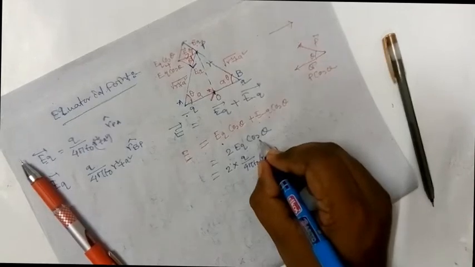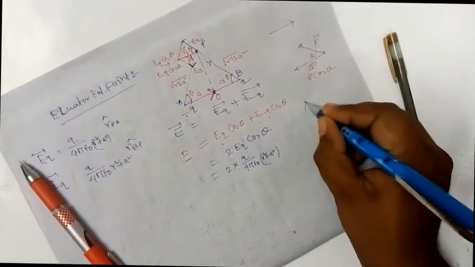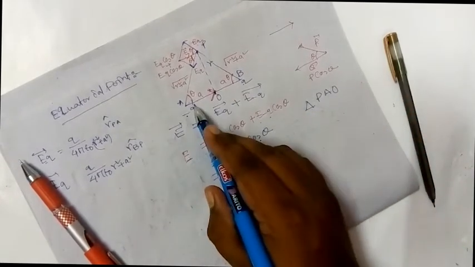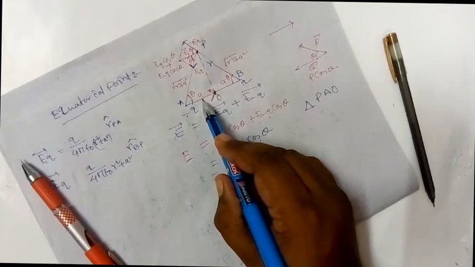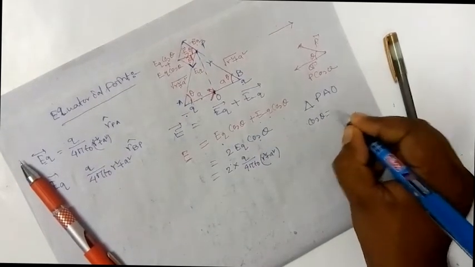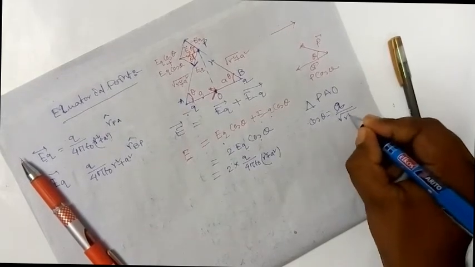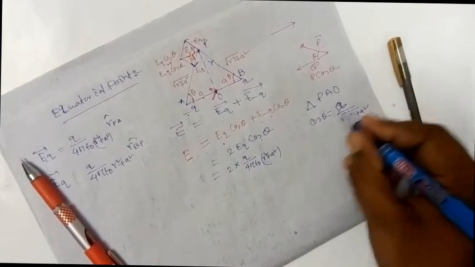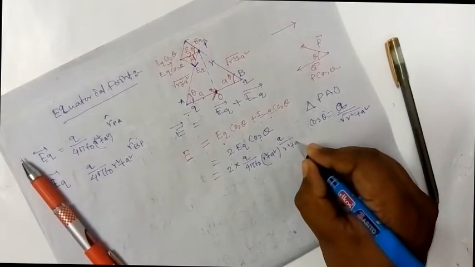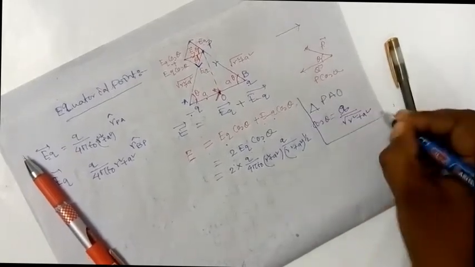Now we have to find cos theta. What is cos theta here? If I assume the triangle PAO, here you see cos theta equals the base A by the hypotenuse, that is, cos theta equals A by root over of R square plus A square. So put the value here: A by (R square plus A square) whole to the power half, as there is a root.